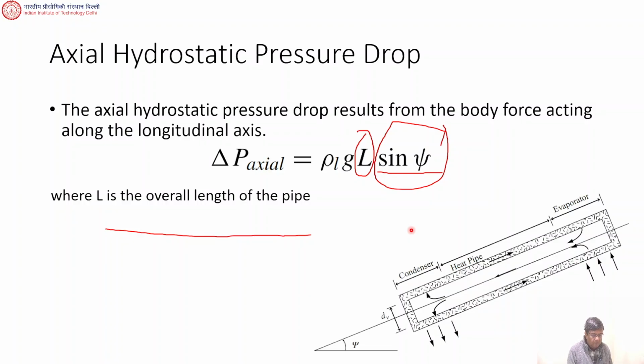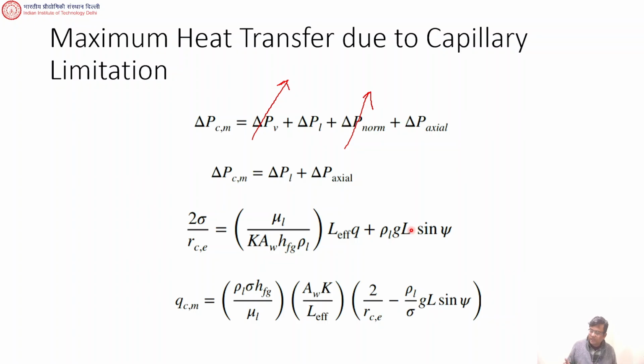We go to the integrated form of that first long equation that we had seen. That will have delta PV, delta PL, delta P normal, delta P axial. All the terms on the right hand side have to be overcome by the delta P CM that you can generate.